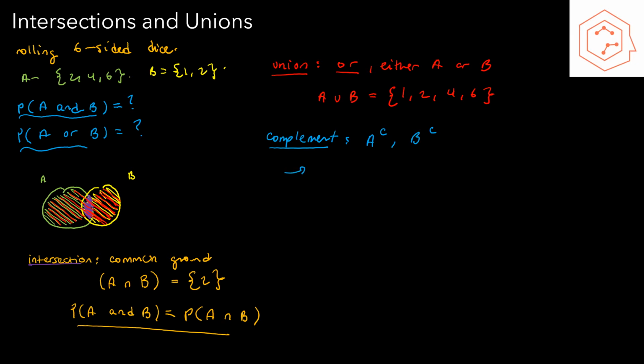What this means is it's not this event. So A complement means an event that is not A. Since A is equal to even numbers, so 2, 4, 6, its complement would be odd numbers, so 1, 3, and 5.